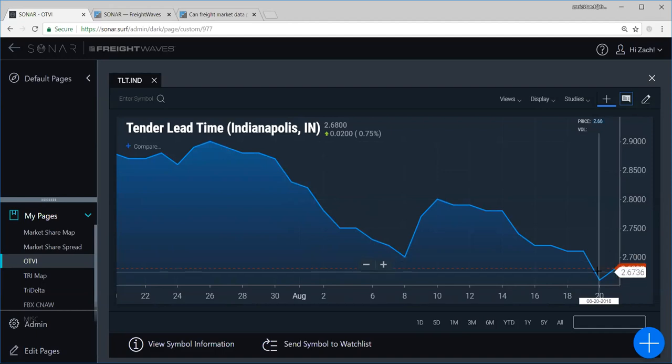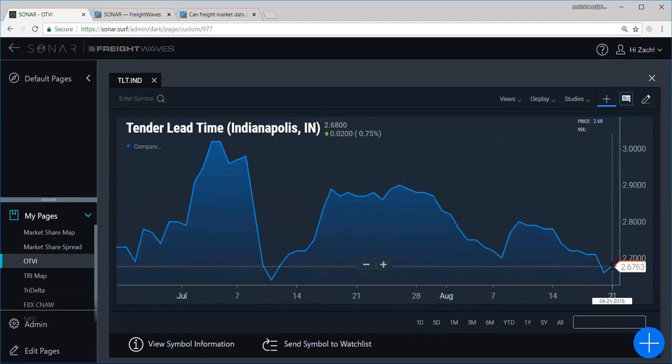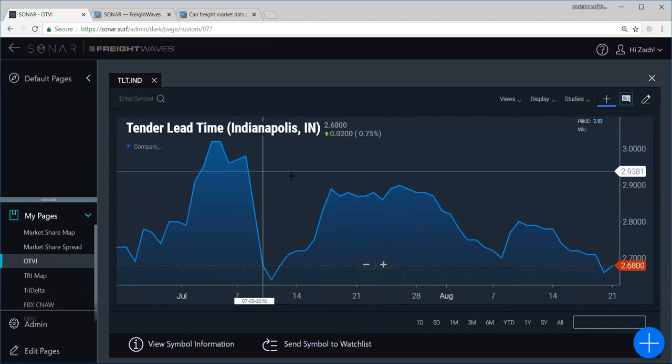But you can also have a lot of loads come into the market all at once that need to move right away. That will shrink your tender lead time. But it looks like right now the Indianapolis market still looks about average. It's actually gone down a little bit over the last month or two versus the July 4th obvious highs.